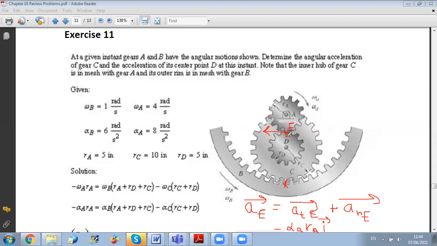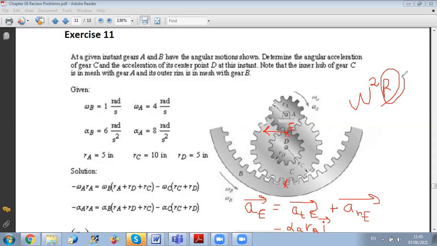And it's a little bit hard here if you want to find it. You know why? Because in general, we find the normal component as omega square times R. Okay? But R represents what?